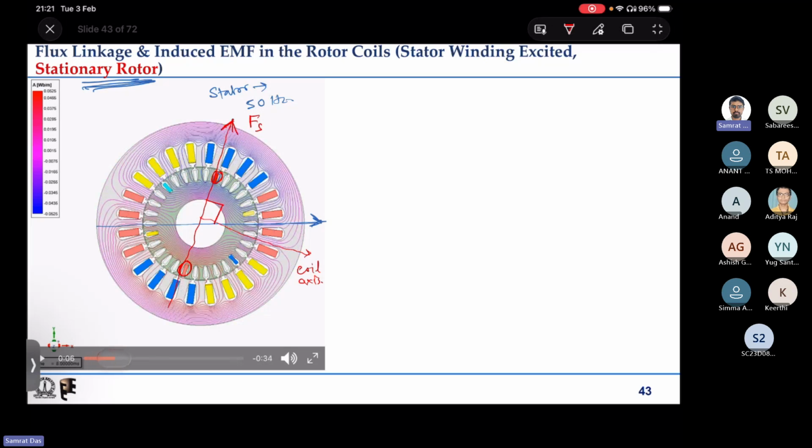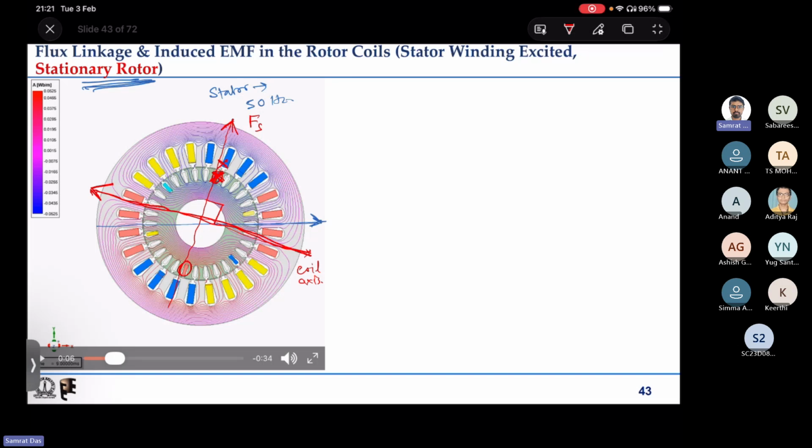now you can see that at this instant the magnetic field axis is aligned with the coil axis, but it is in the opposite direction or same direction based on the reference direction of the coil axis. So say if we consider this side to be cross, as we have done, that is some reference direction of current.